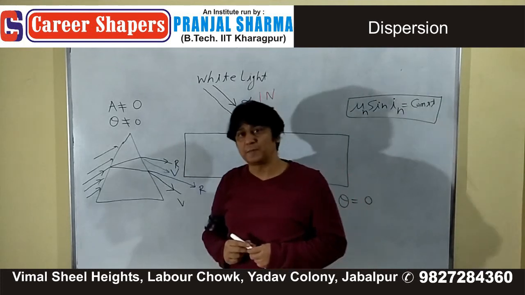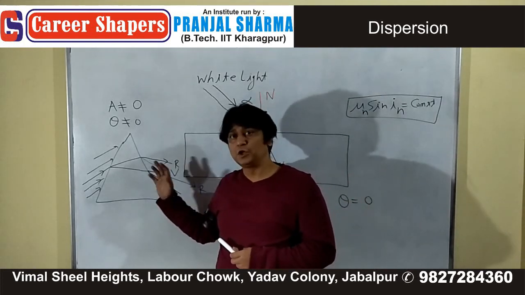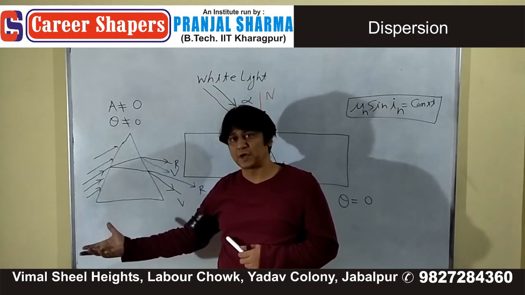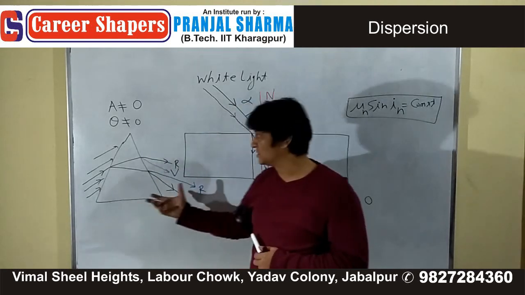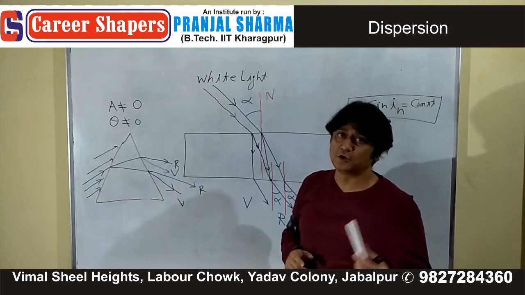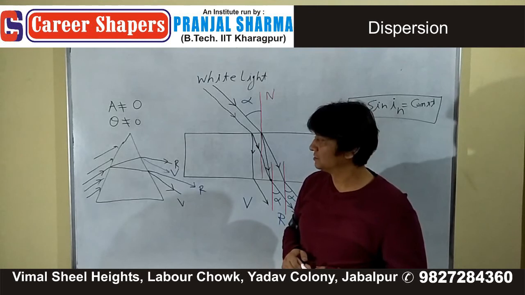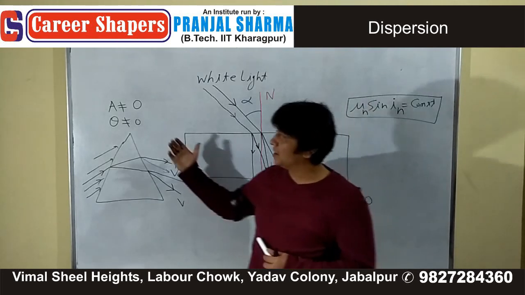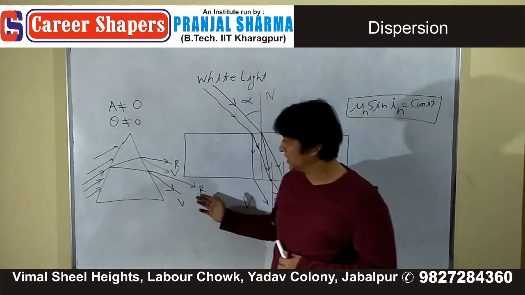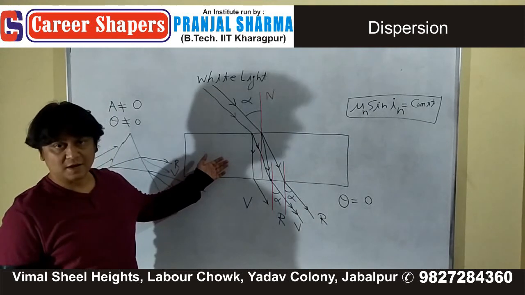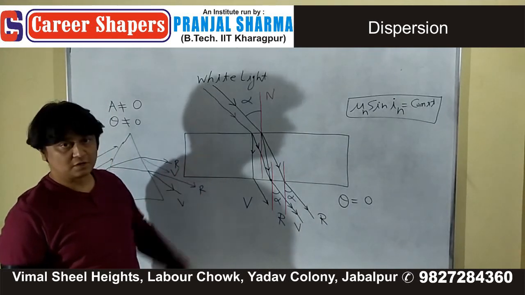And if they are no longer parallel, that means you cannot superimpose all these waves together. Which means you will see what? Splitting of light into its components. I hope you understand why a prism shows dispersion, but a glass slab, it does not.